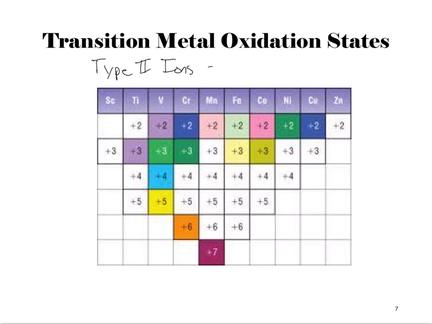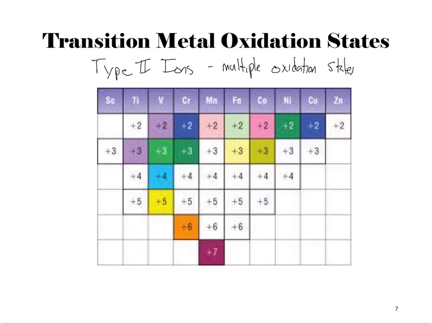Right, and that's because they can form multiple oxidation states, which is why when we're naming them, we have to specify the charge on the metal in the compound. So for example, you can have iron 2 and iron 3. Manganese can form the most oxidation states out of any atom, right? You can have anywhere from +2 to +7 as its oxidation state.